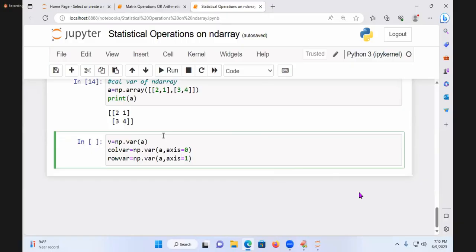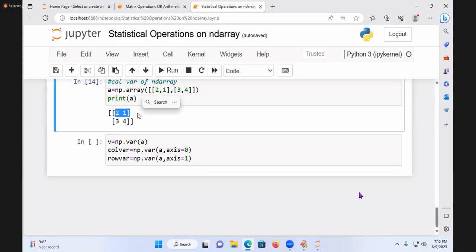Okay. Right. So in mathematics you are going out of order. Similarly, go for the rows: 2 and 3, 1 and 2. 3 by 2, 1.5. Variance: 2 minus 1.5.